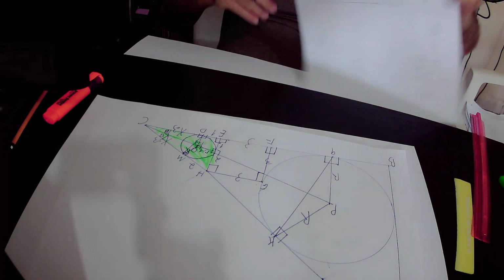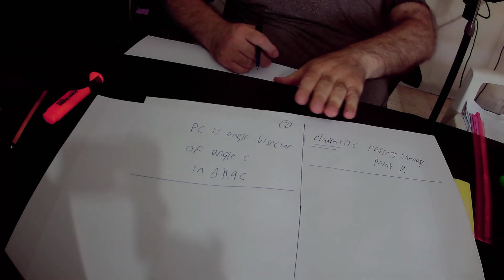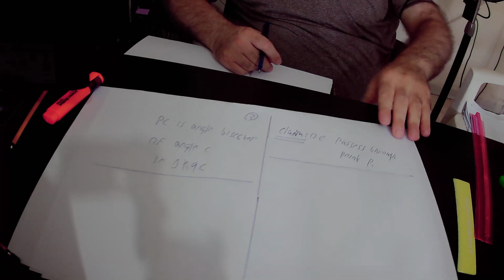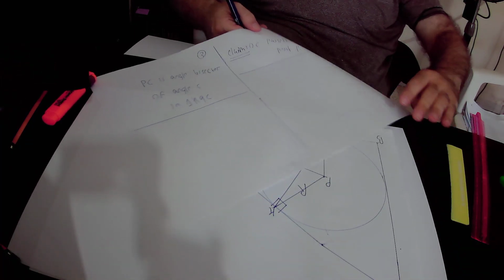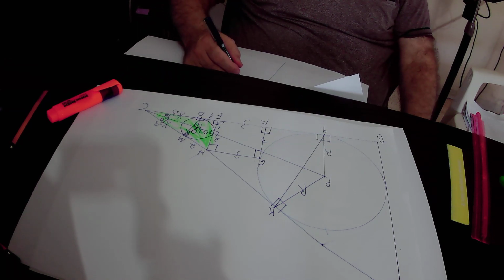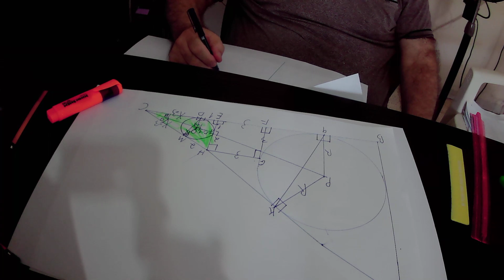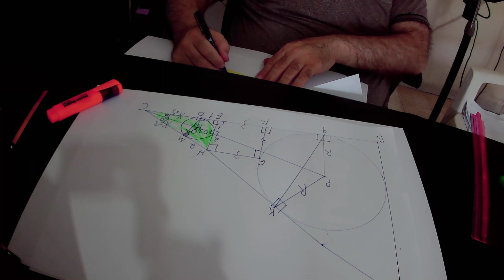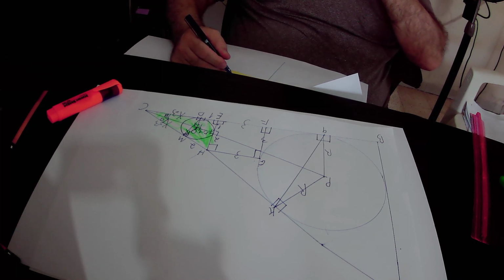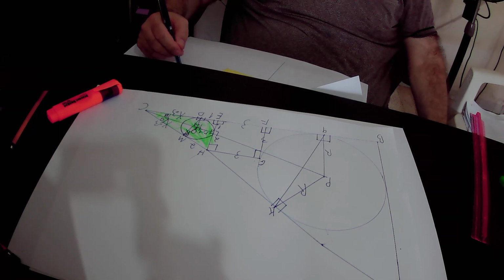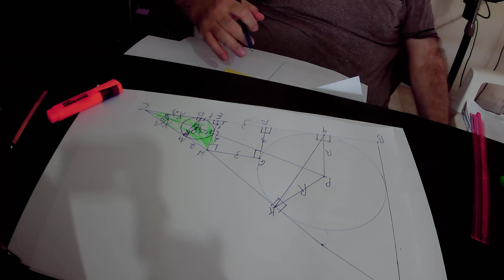So our claim is that angle bisector OC passes through point P. We will prove the claim by contradiction.